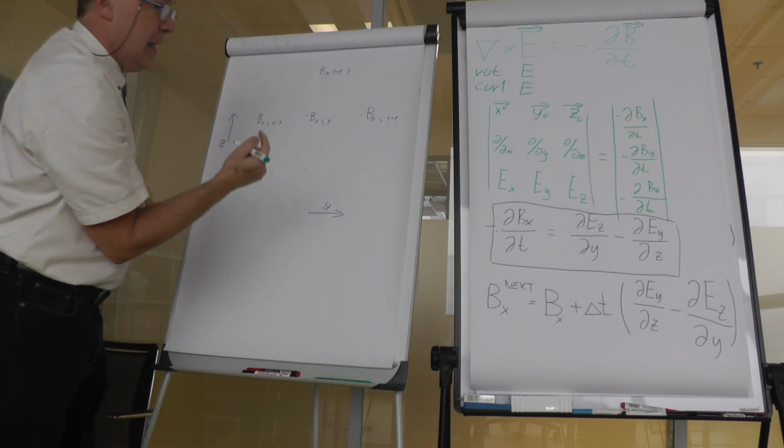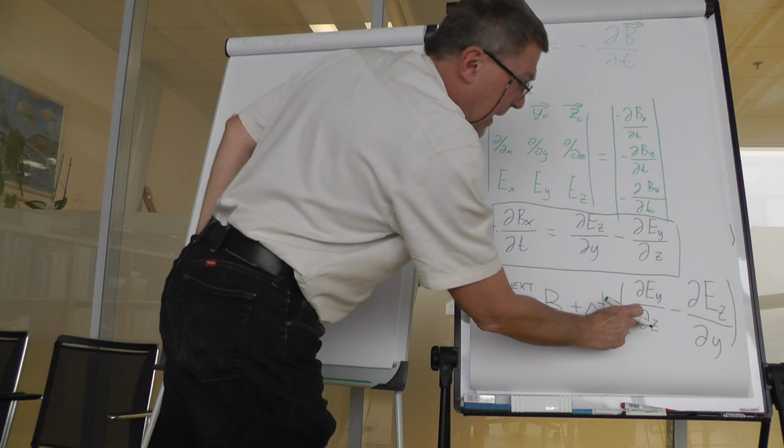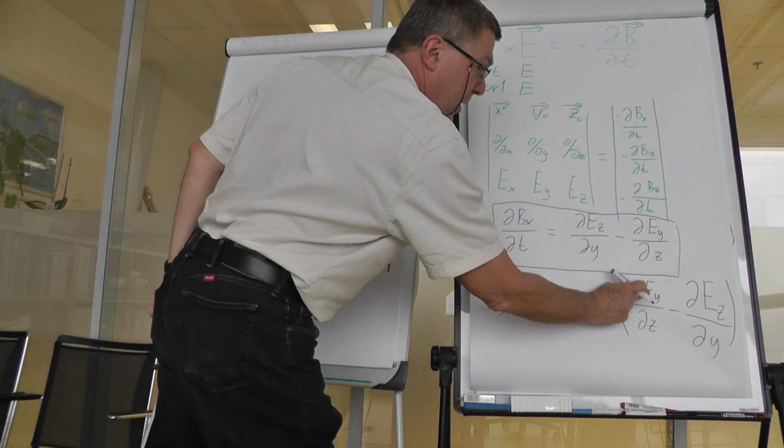So let's say that we have to make the derivative against z of Ey.